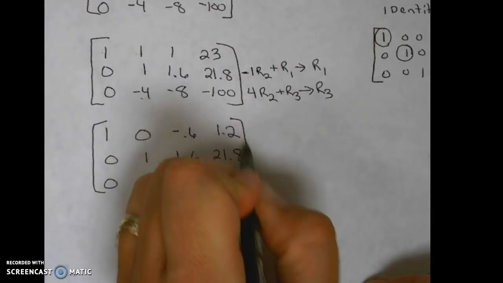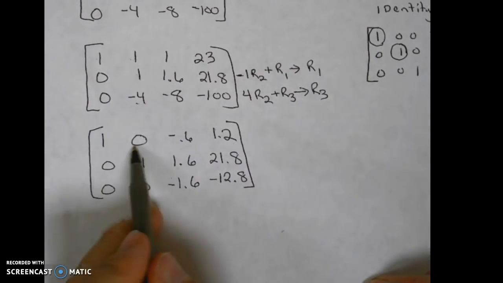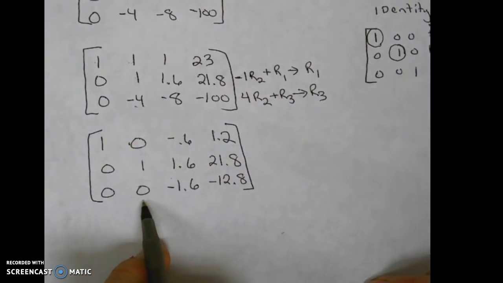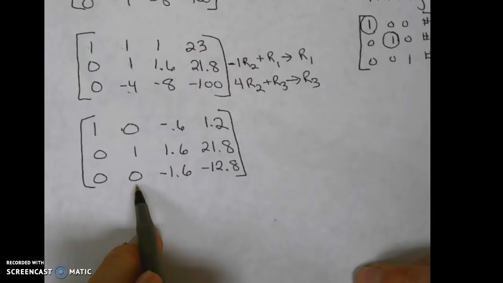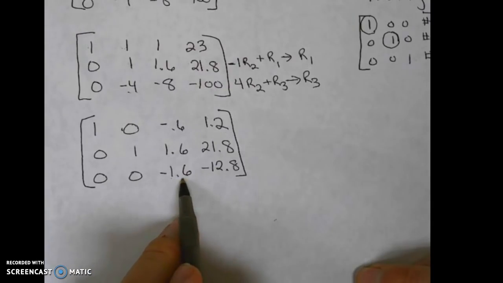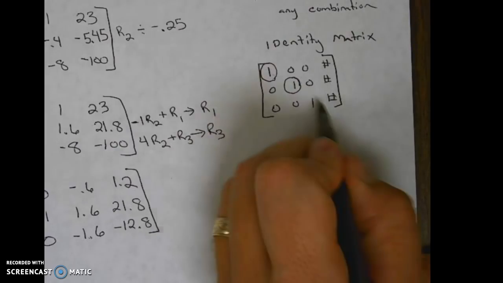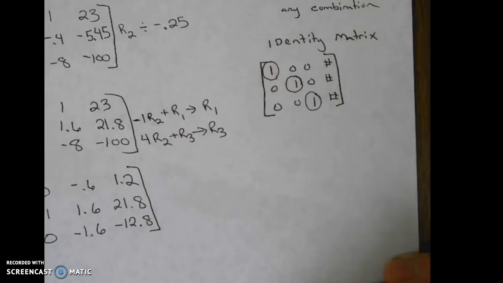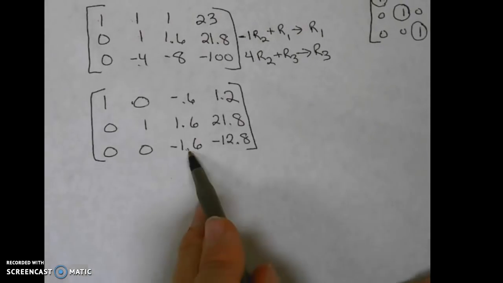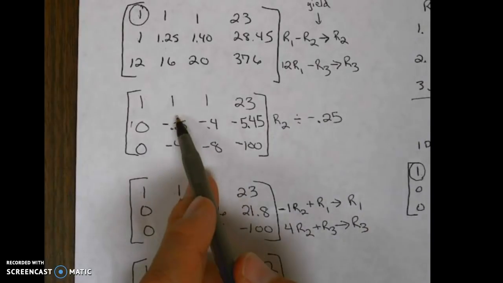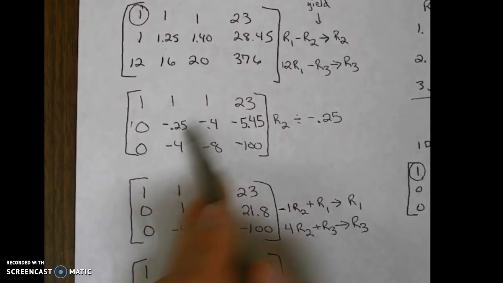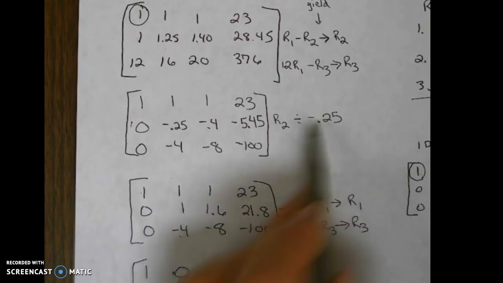All right. Now we have our second column done. Now we hit the third column. So remember, we want 1, 1. All right, it's time to get our third 1. So do you remember how to get a 1? Look back at how we got a 1 here. Any number divided by itself is 1.